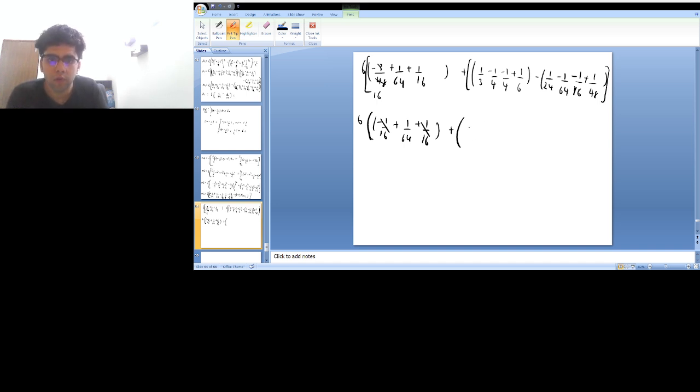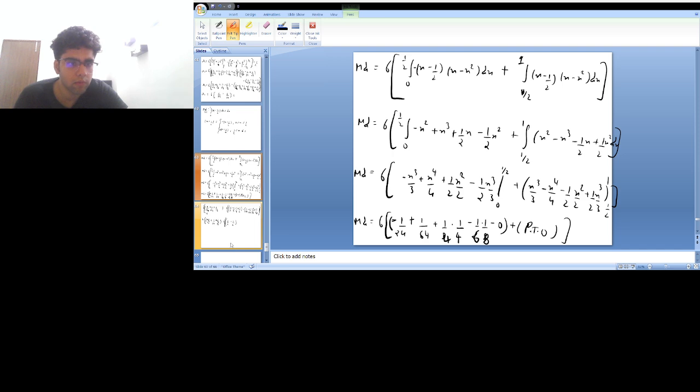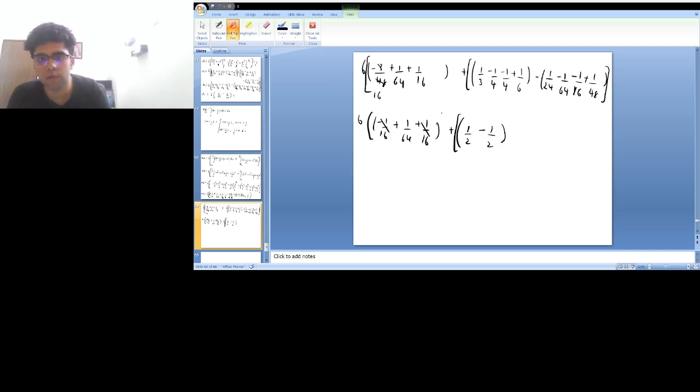Plus now minus 1 upon 2. This is 1 upon 3 and 1 upon 6, so if I just write this as 3 plus 1 by 6, that is 1 upon 2, so this is 1 upon 2 minus 1 upon 2. Is there a plus? Yes, it's plus here, so this gets cancelled, half and half, this gives me 0.